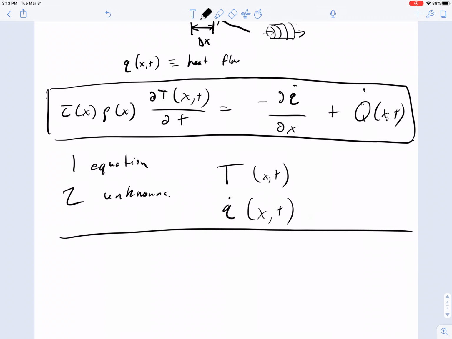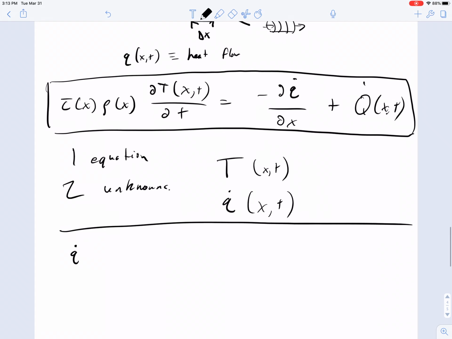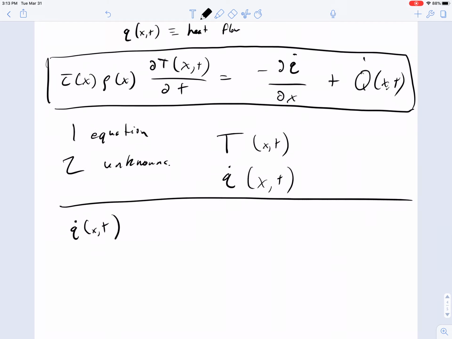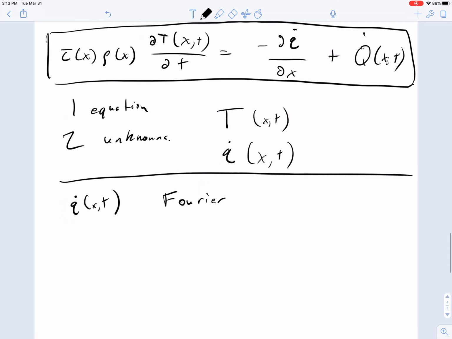And what we're going to do is work on understanding what Q is and how Q relates to temperature. And we have help, as this was thought about quite some time ago by a scientist named Fourier, who was from 1768 to 1830.